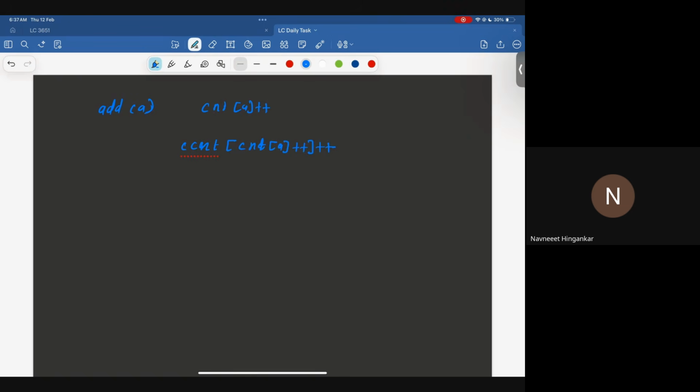And wait, sorry. This should be minus minus, I guess, in the first place. And then C count becomes the new count of A plus plus, something like this. Yeah. So you can also do plus plus. Anyway, it's the same thing.